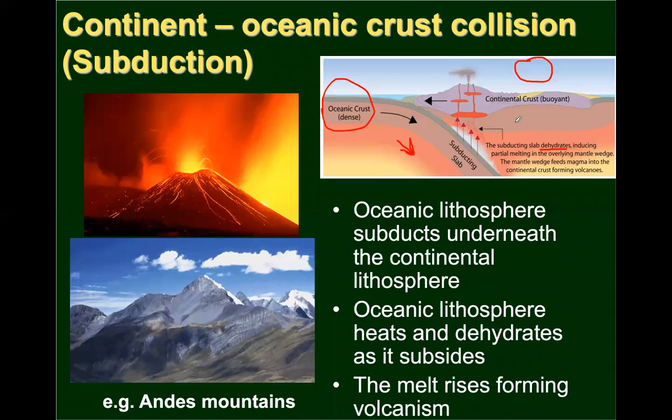So here the same thing can happen because this oceanic material contains a lot of hydrous minerals as well as carbonate minerals. So decarbonation and dehydration both can take place, and these dehydrated minerals will become anhydrous minerals and release water.